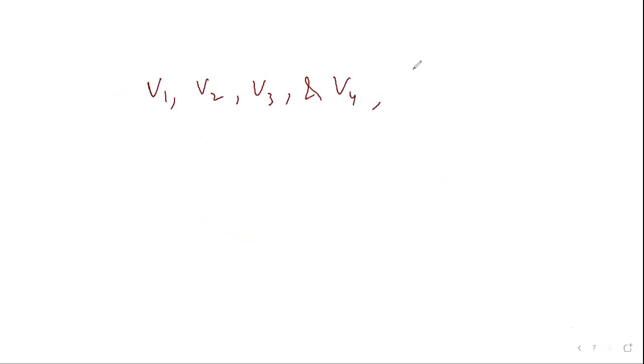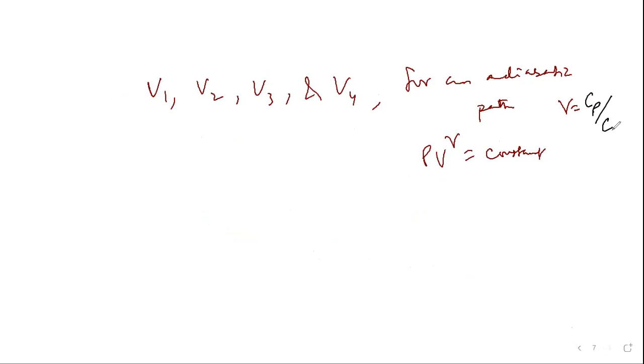For an adiabatic path of an ideal gas, PV raised to the power gamma is constant, where gamma is Cp by Cv, where Cp is the heat capacity at constant pressure and Cv is the heat capacity at constant volume.